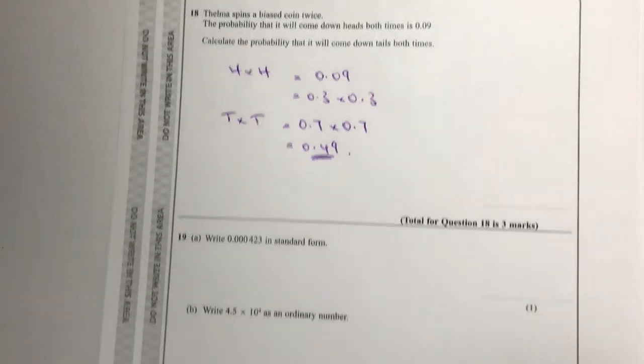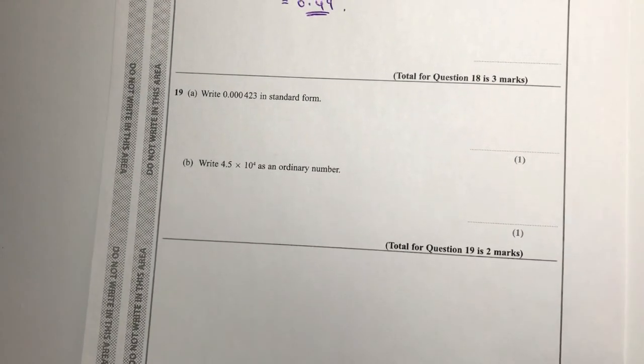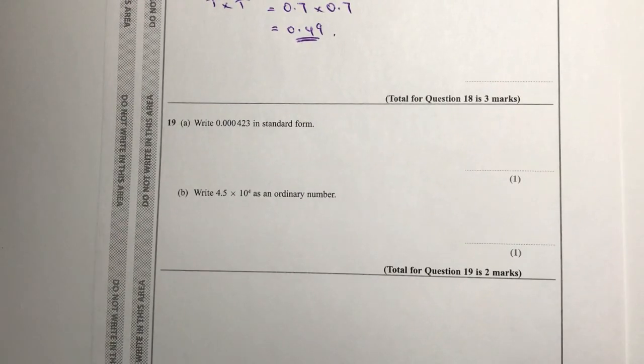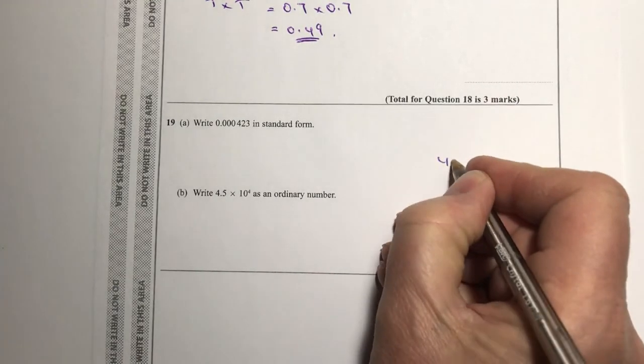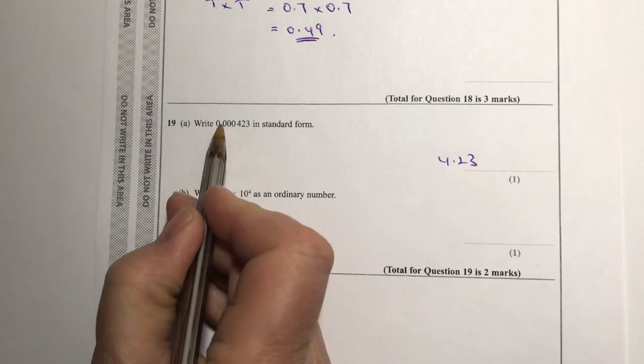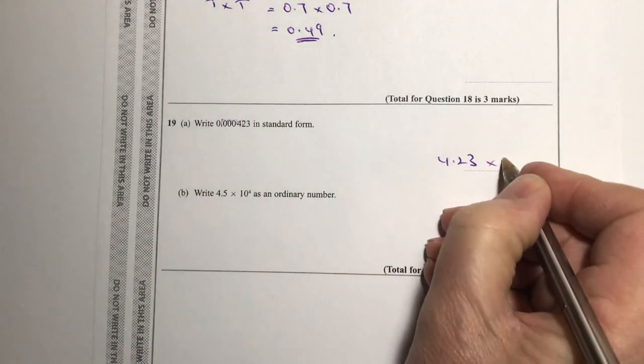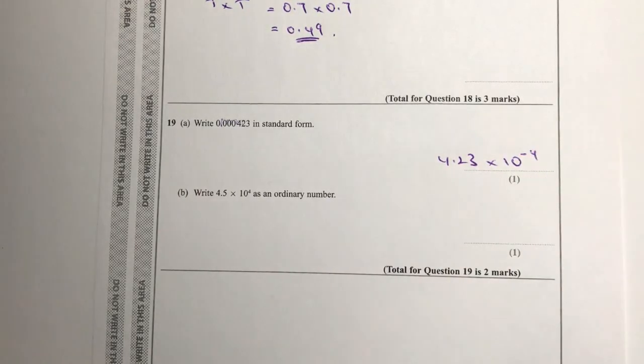Okay, let's move on then to question number 19. And at long last, we've actually got a question that's relatively straightforward. Okay, we're being asked to write this in standard form. So all we're going to do is just say that that would be 4.23. And we've moved the decimal point 1, 2, 3, 4 places to the -4. Remember, it's minus in that direction.